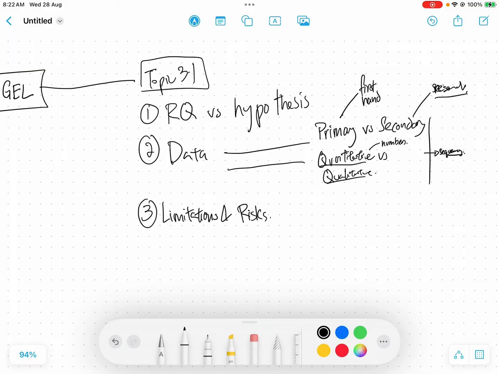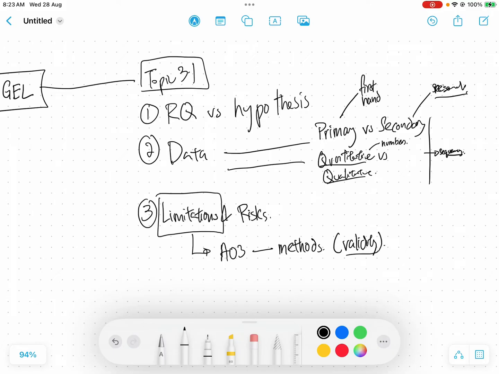They will ascertain whether they are able to safely conduct the fieldwork, or whether there are any limitations to their fieldwork, because limitation is a very big thing. In fact, it is your AO3 question. In my previous video, you realize that for AO3 questions there are two types: a hypothesis question, and one on methods, where most of the time they'll ask about the validity of the investigation.